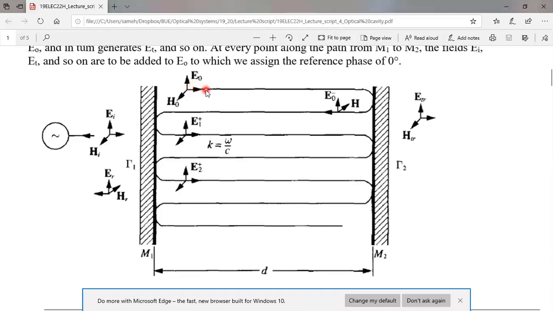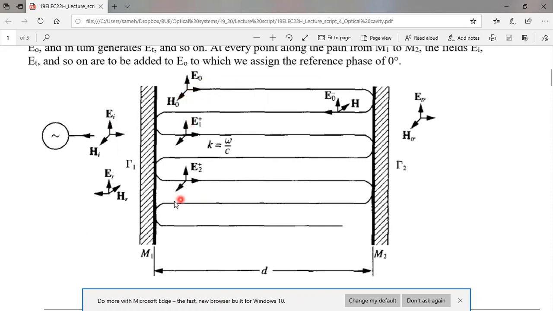As this E node propagates inside the cavity, there will be another term, which I believe you know very well, which is e power minus j k z. This is the propagation term, where k is the propagation constant and equals 2 pi over lambda. As the light propagates, E node will be multiplied by e power minus j k z, where z represents the distance moved by the wave.